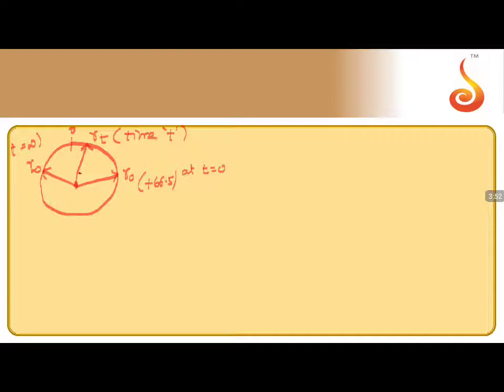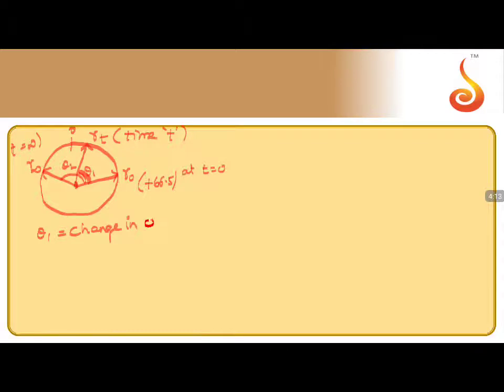Now everywhere there is a change. Let us take this small change from here to here as theta 1, and the overall change as theta 2. What is theta 1? Change in optical rotation, I told you.